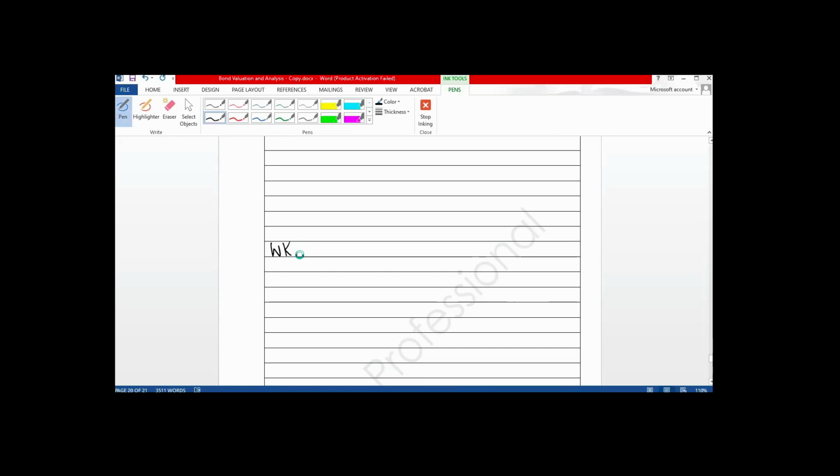Working 1. Calculation of spot rates using information on the 3 default-free bonds.